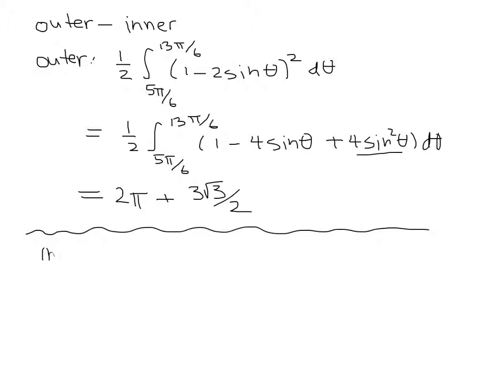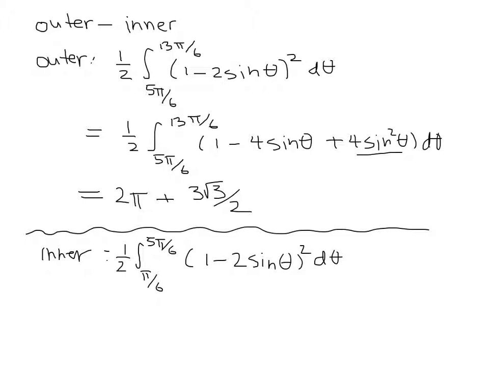Now the inner loop is awfully similar, just that instead now the integral goes from pi/6 to 5pi/6. But it's still the same expression inside the integrand. So if you anti-differentiated that expression once, you can just use it again. Don't do the work twice if you're integrating the same function.